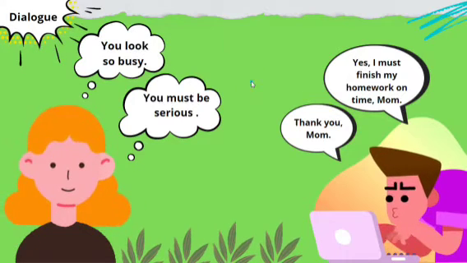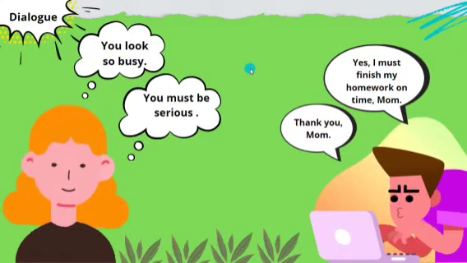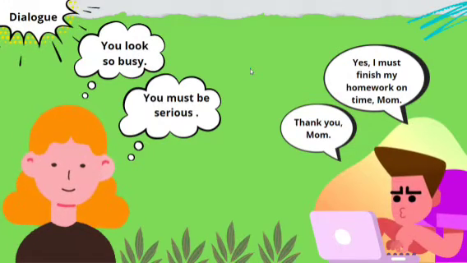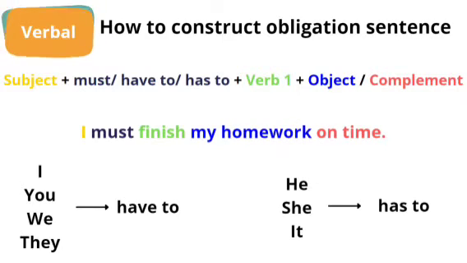In English sentence, there are 2 types of English sentences. The first one, we call it as verbal sentence. Verbal sentence adalah kalimat di mana di dalam kalimat yang kalian gunakan atau kalian buat itu mengandung verb. Verb itu apa? Verb itu adalah kata kerja. Can you give me example of verb?